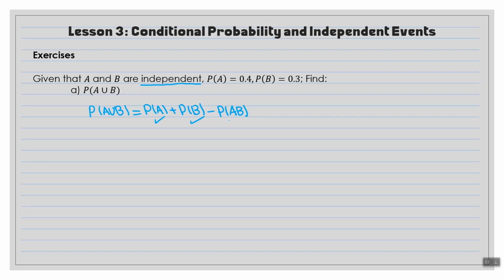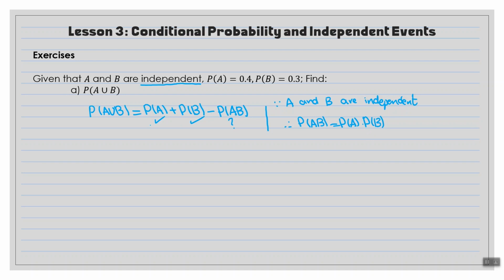The probability of AB is unknown. However, because A and B are independent, and that is given in the question, we can simply say that the probability of AB is equal to the probability of A times the probability of B.